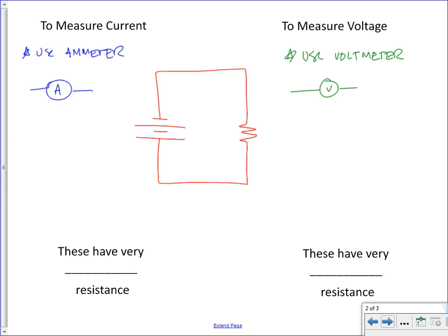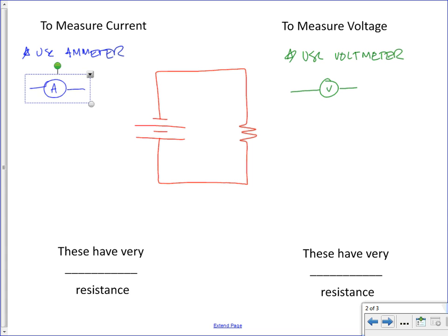But here's the deal. Think about it. Ammeters measure current. They have to measure how much charge goes through something, a number of electrons per unit time. And so if we want to find how much current goes through the resistor, here's what we have to do.